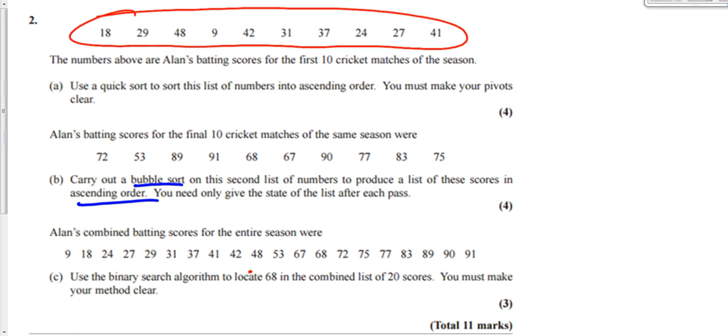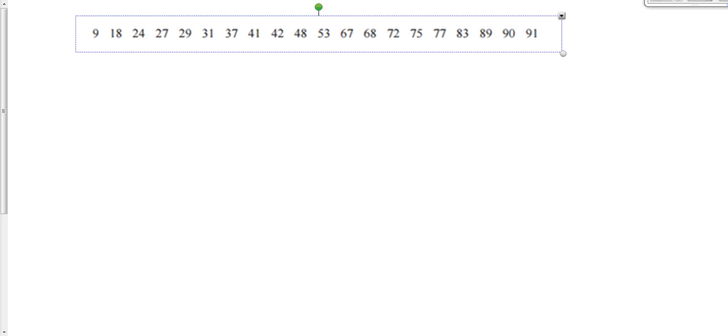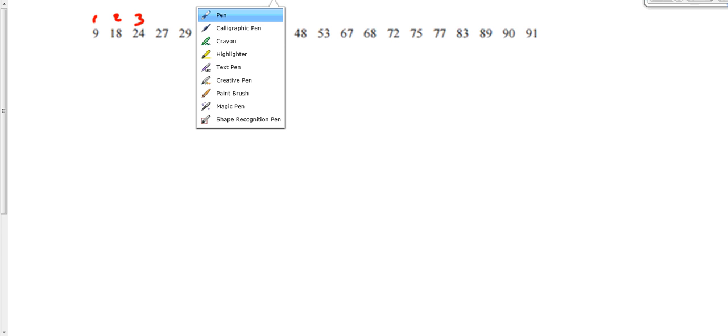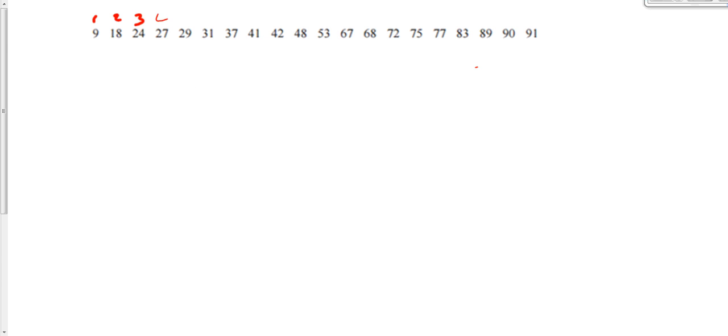So if we go on to question C, the first thing we have to do here is we need to number them. So we're going to say 1, 2, 3, 4, 5, 6, 7, 8, 9, 10, 11, all the way up to the end.